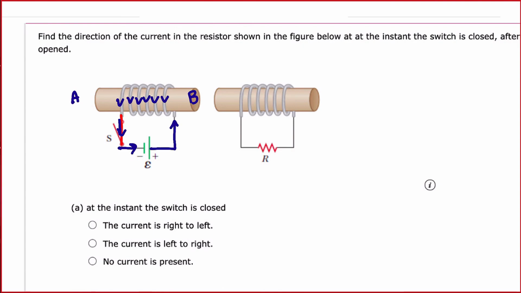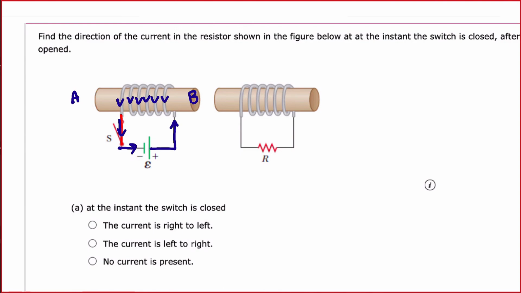If you are looking at the screen right now, my thumb would be pointing in this direction. As I curl my fingers around the solenoid, the fingers are pointing downwards, and your thumb sticks out towards B. Do we all agree?